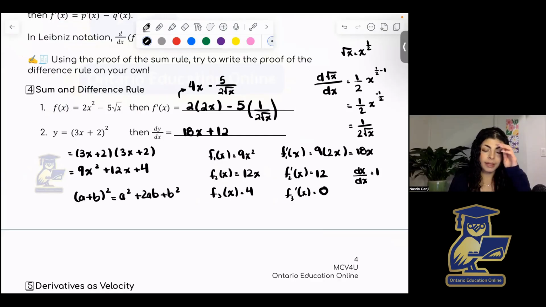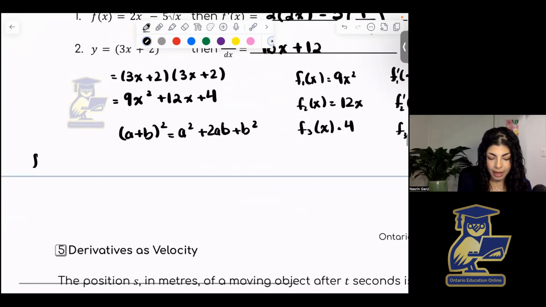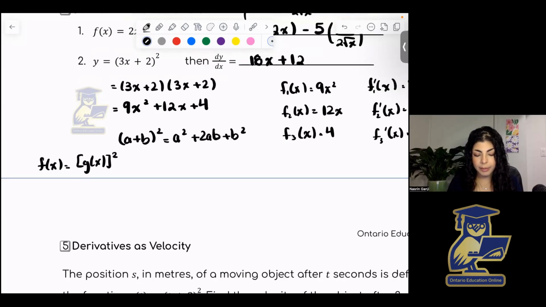And so again, like I mentioned, right now, because you have a function within the bracket, we would say f of x is g of x squared. This is not the same as the power rule.